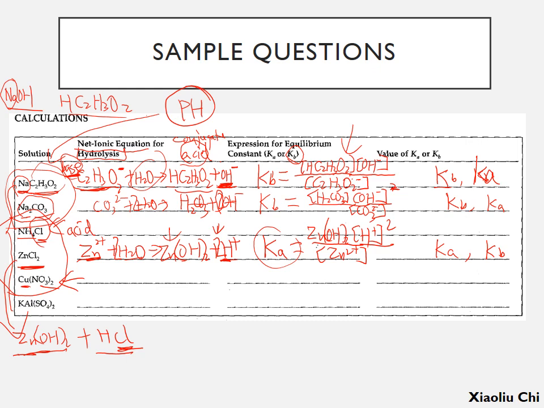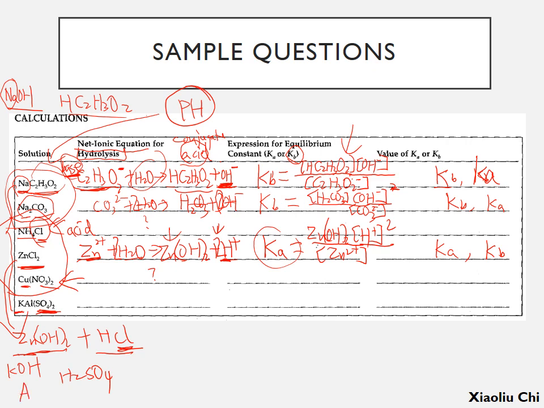Similarly, chloride does not hydrolyze. So these two are similar. Now the last one, sulfate comes from sulfuric acid, so sulfate shouldn't hydrolyze. It's a strong acid. Potassium comes from potassium hydroxide. That's a strong base, so potassium shouldn't hydrolyze.